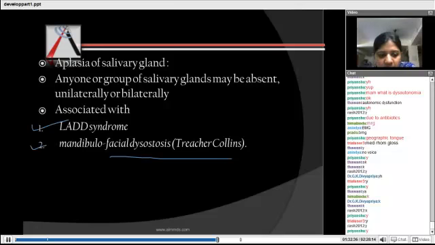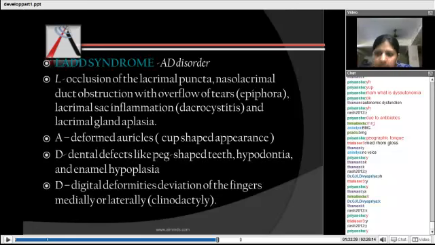I'll just tell you a little about LADD syndrome. L-A-D-D. The first letters itself are quite easy.